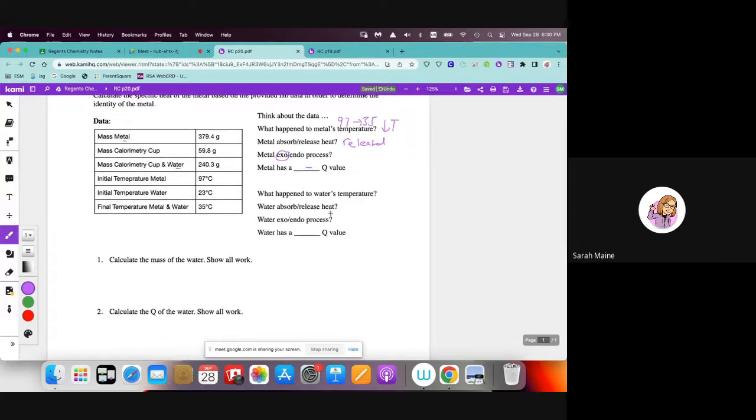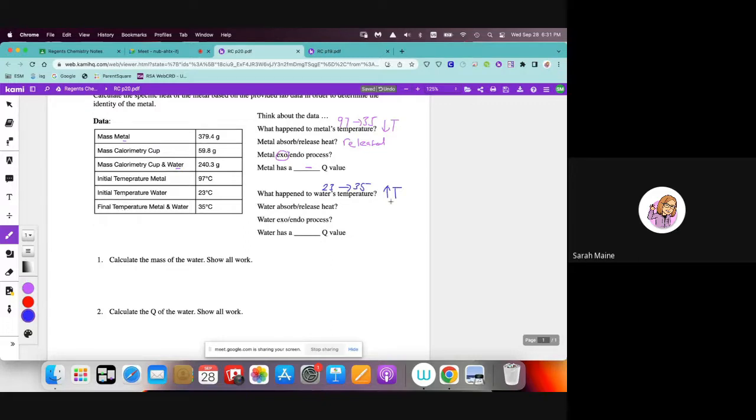When we look at the water's data that was collected, okay, the water's initial or starting temperature is 23. And by the end of the lab experiment, the water's final temperature is 35. So what happened here is that overall during the procedure, the water's temperature increased.